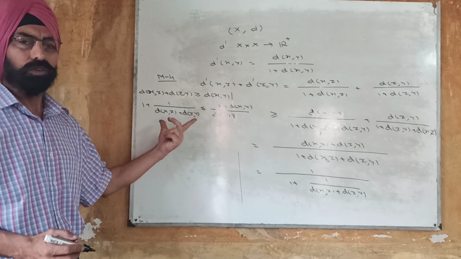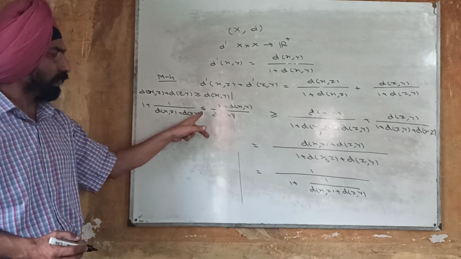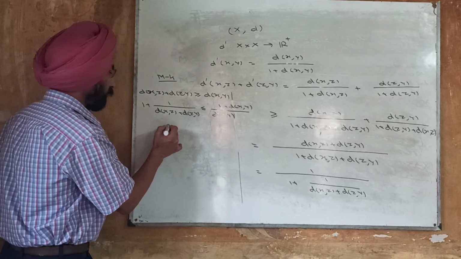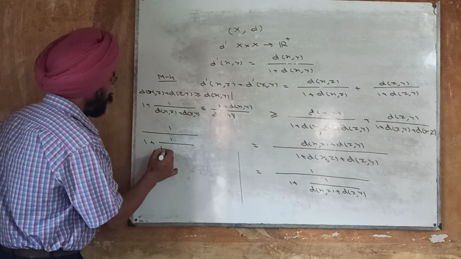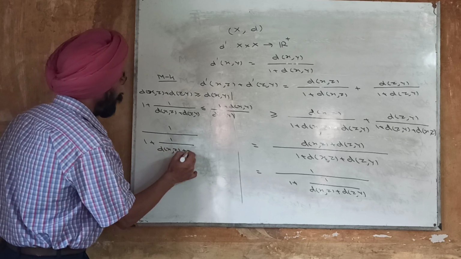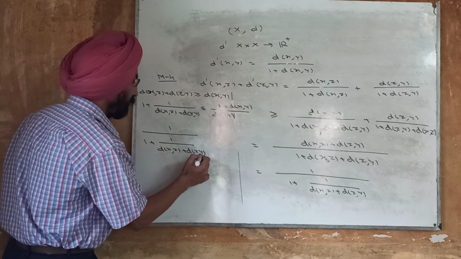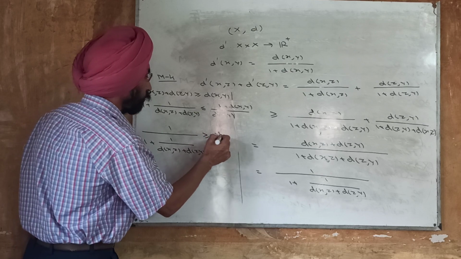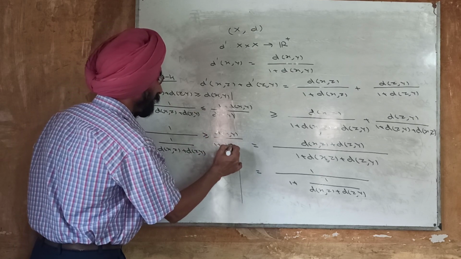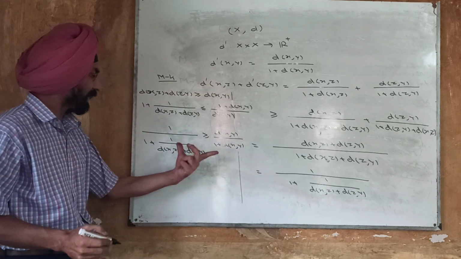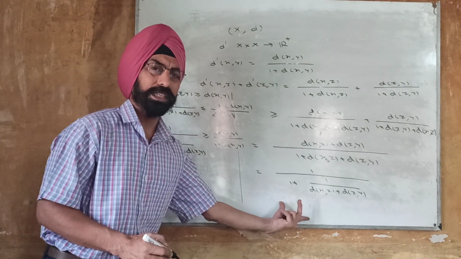So what will happen if you take the reciprocal? The sign of inequality will once again change. So you will get 1 upon 1 plus 1 upon d of xz plus d of zy is going to be greater than or equal to d of xy over 1 plus d of xy, and this result I am going to use here now.